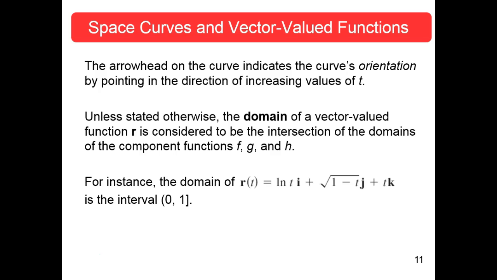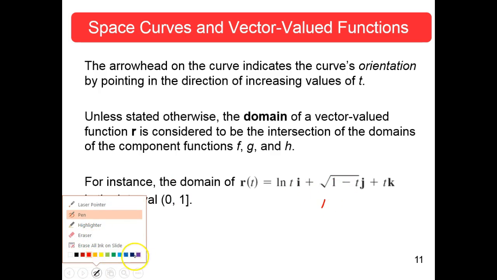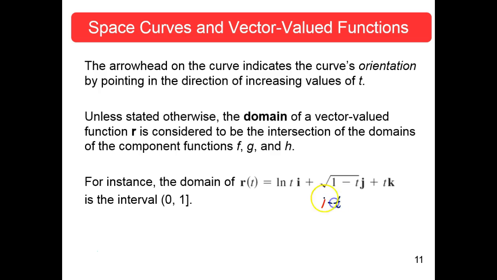Okay, how about here? The square root function. What term? It can't be negative. This thing in here cannot be negative. So here's one way to write this. Let me get my pen set up. 1 minus t has to be greater than or equal to 0, right?